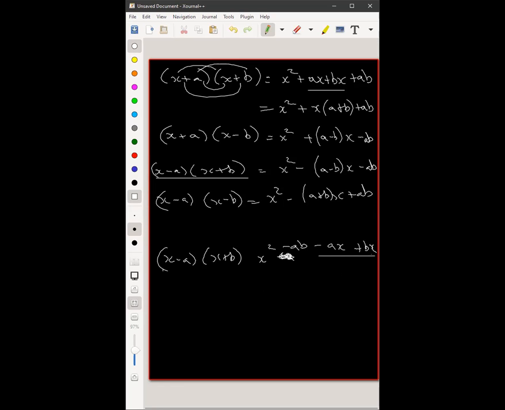If I take this as common, I'll change the sign here. So I'll get x squared minus ab minus x into (a - b), which is the same as what we got over here. So in case you get confused, you can always just multiply, get the full terms and then combine the x ones. In this way, you will not make an error of the signs. Is this clear, everyone?